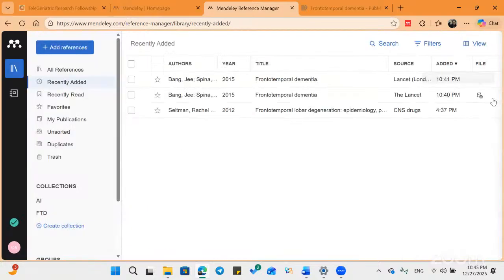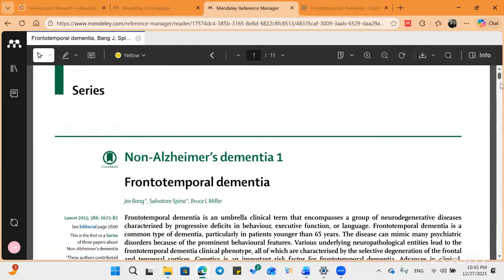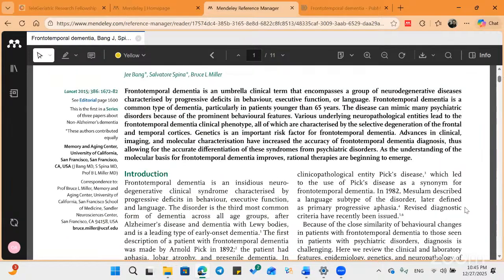By clicking at the file here, you can access it to read the paper you have, and from here you can read the paper, you can add annotations, you can add highlights and whatever you like, and you can download it or export it with all the edits you have made.